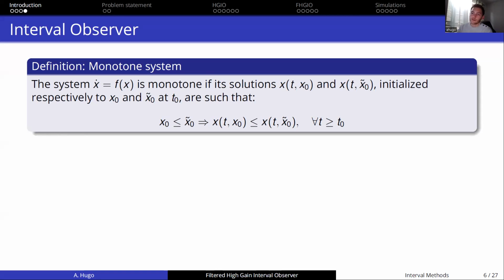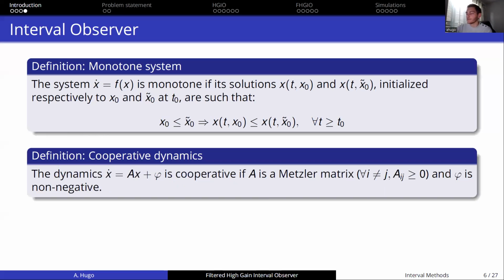The other key concept is cooperativity, as I talked about. A system, as presented here, is said to be cooperative if the state matrix is Metzler. And Metzlerity means that all the off-diagonal coefficients are positive. The additional input must also be non-negative.